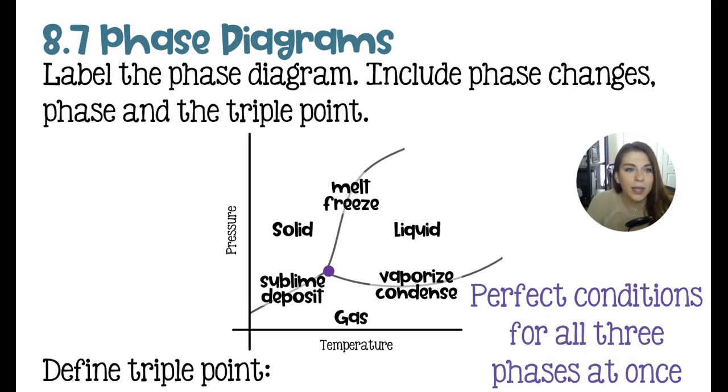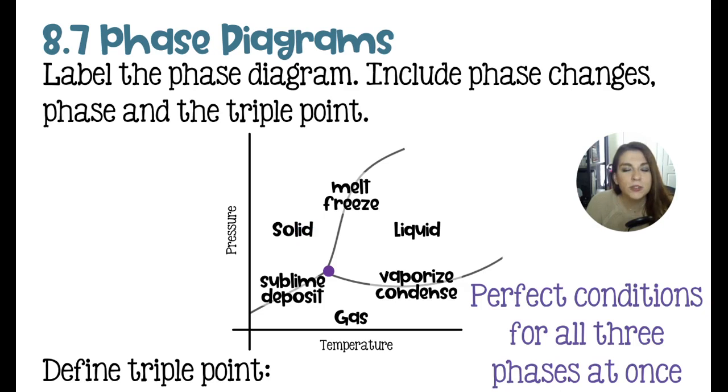If you were at that liquid and reduce the pressure, you would be left with a gas because you have vaporized the sample. This line back here between solid and gas is going to represent sublimation, going south, I guess, decreasing the pressure, and increasing the pressure, you are going to have a deposition.